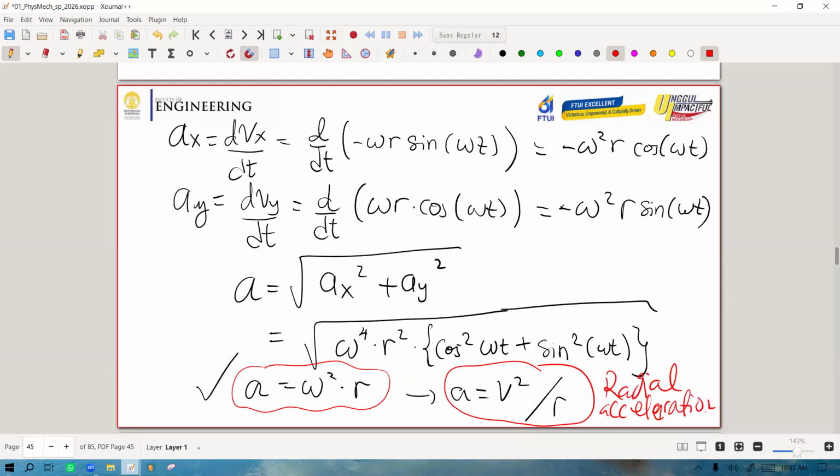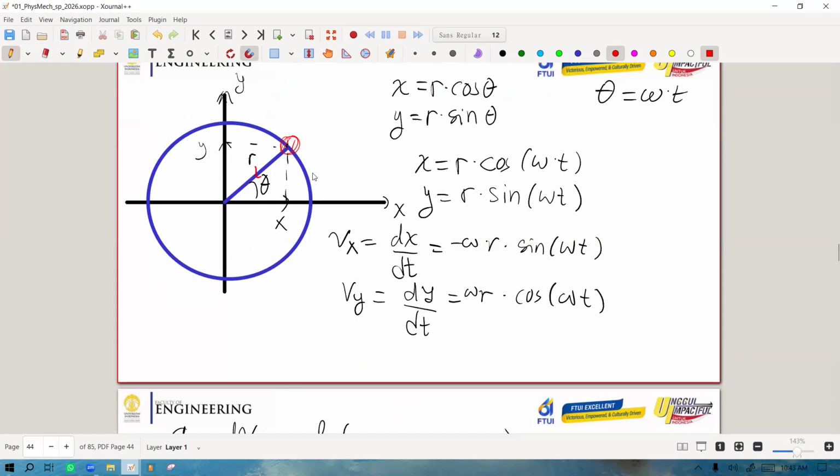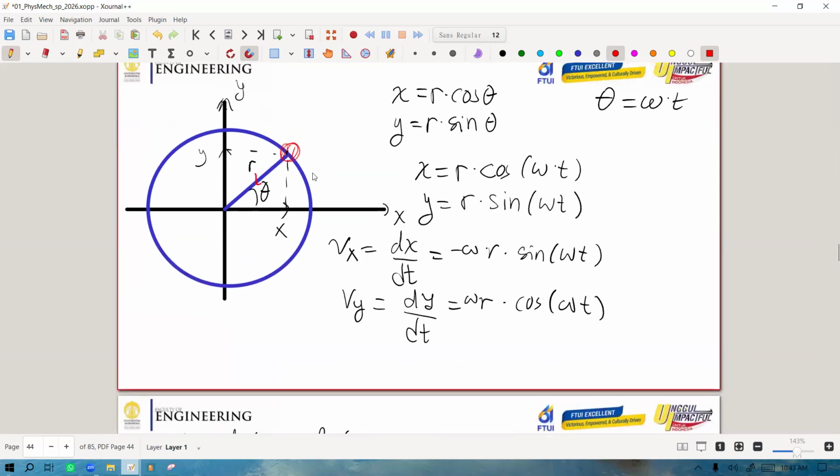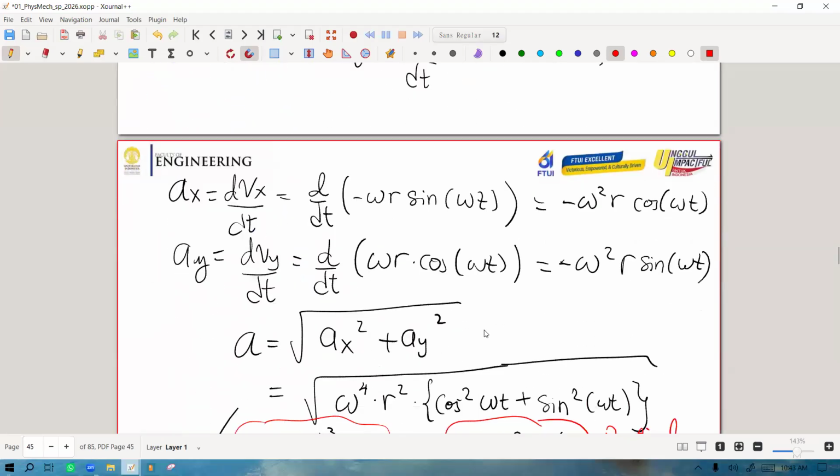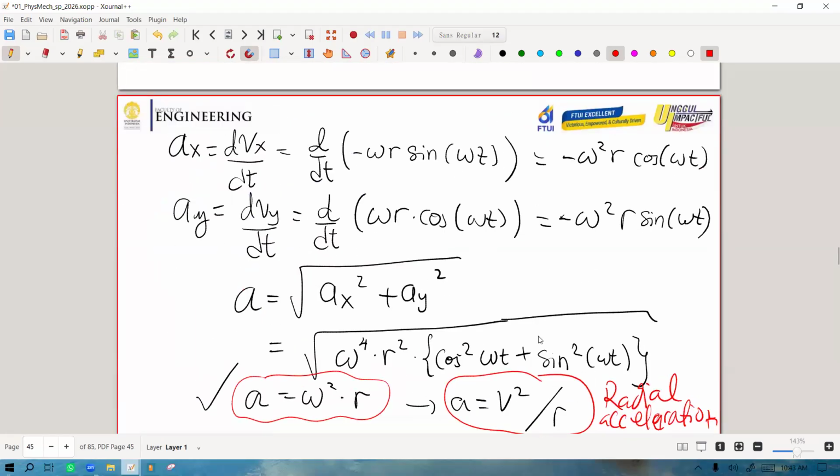It means the direction of the acceleration is to the center of the circle. So we start from the polar coordinates and we take the derivative of position and then we get the acceleration.